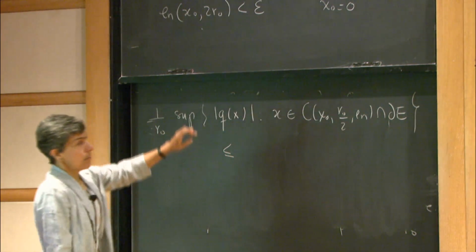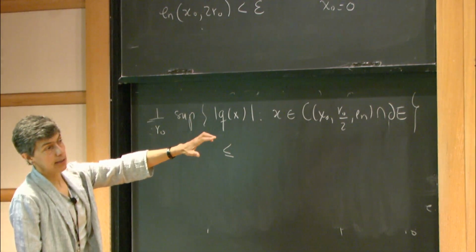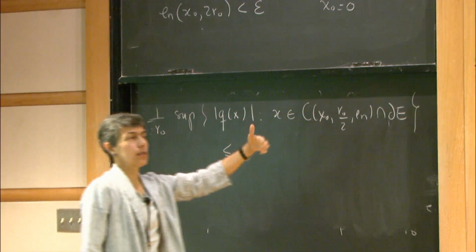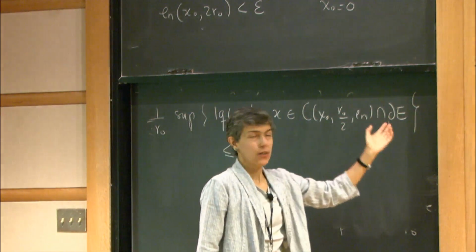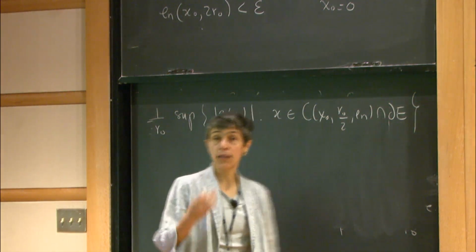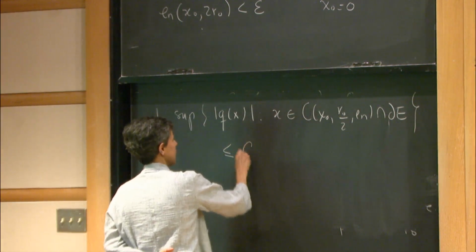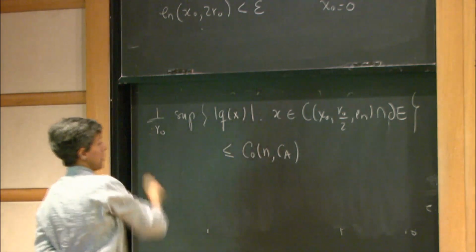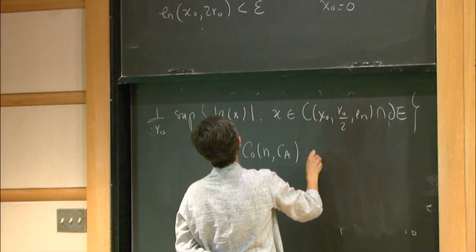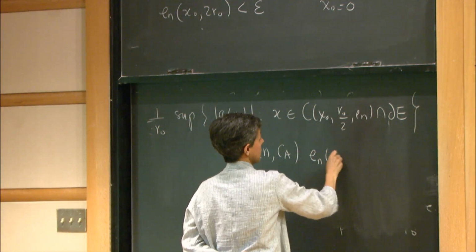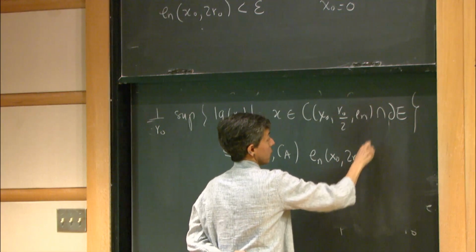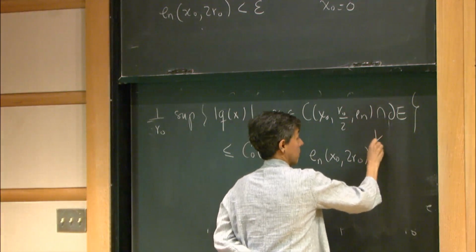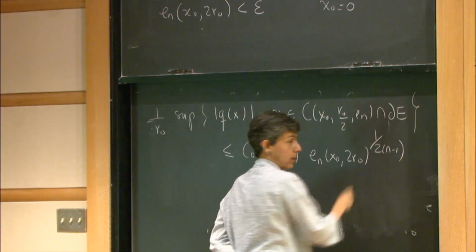So from that theorem, I know that if I choose my epsilon small enough, depending on T0, that if I chose a small T0, then I could make it small, but I don't know how they quantify. Here it tells you precisely. This is less than that constant, that one that I put over there, times E_n of x naught, 2R naught to the power 1 over 2(n minus 1).